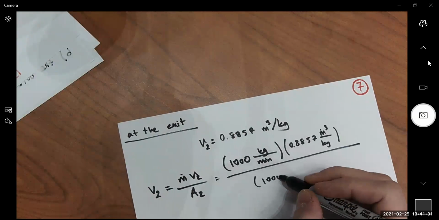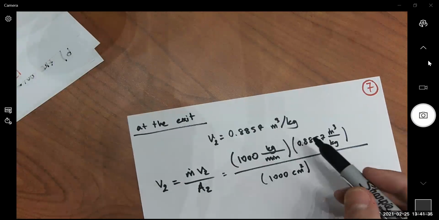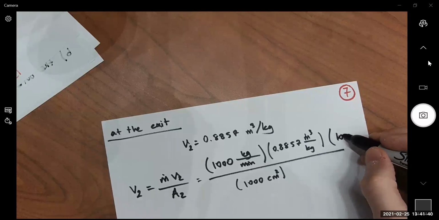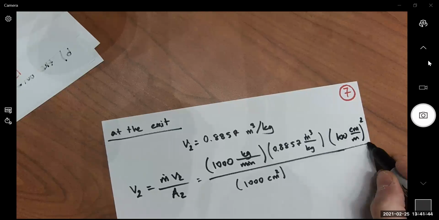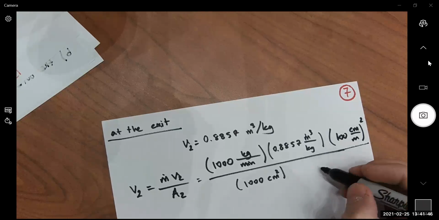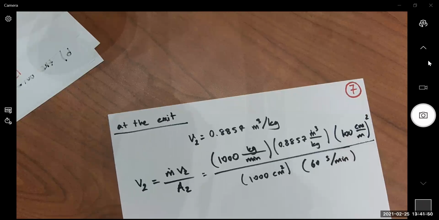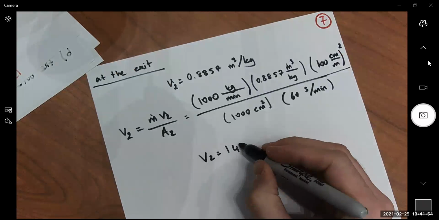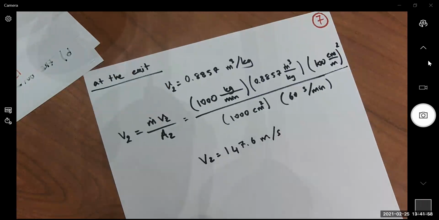Area is 1,000 centimeters squared. But the units don't cancel out, so we have to do the unit conversion: centimeters to meters, and 60 seconds per minute. Velocity will be 147.6 meters per second. You can check my answers.